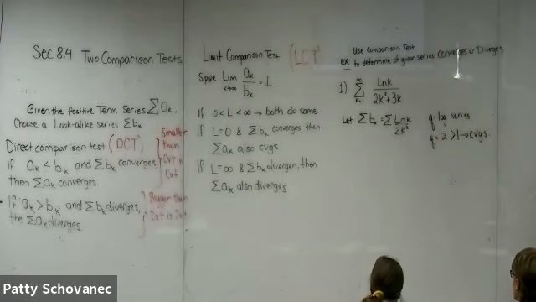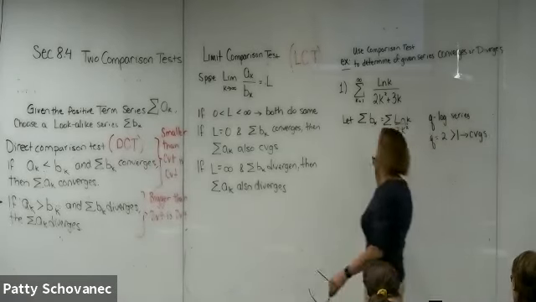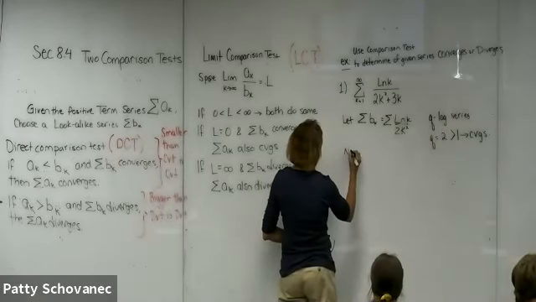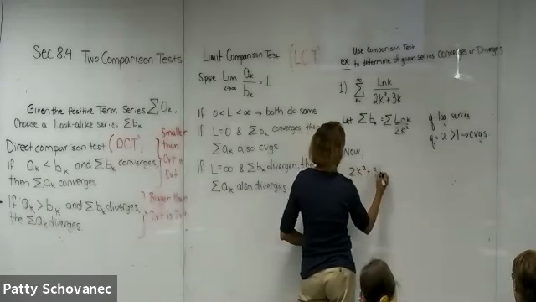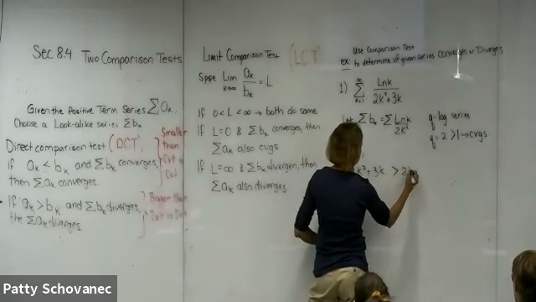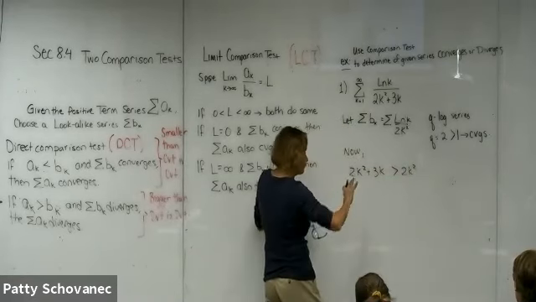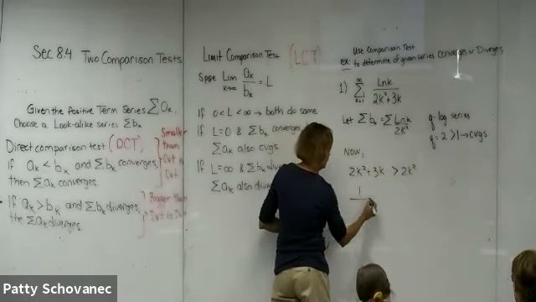Is the given series smaller than this one? Yes, it is. It has a larger denominator. 2k squared plus 3k is bigger than 2k squared. So when I flip the sides of this inequality, this one is smaller.